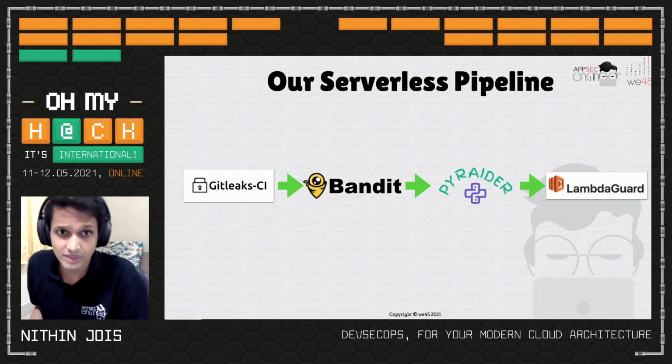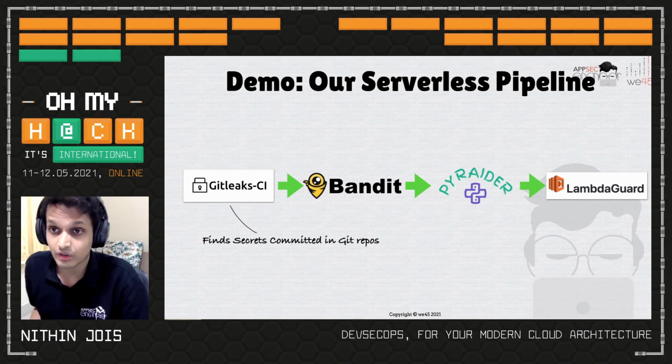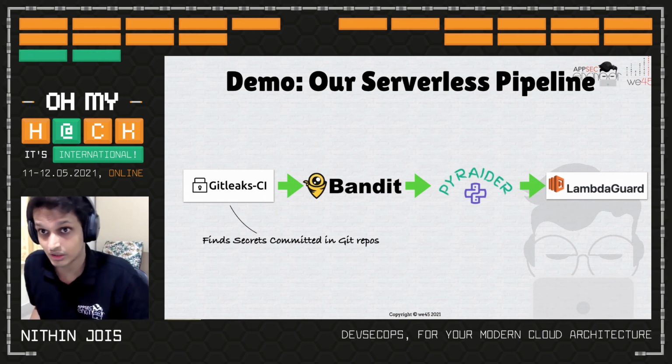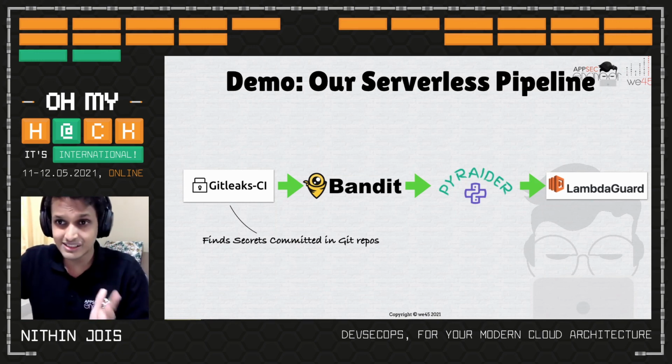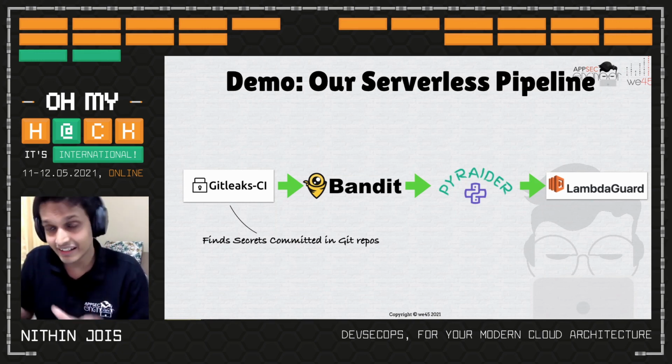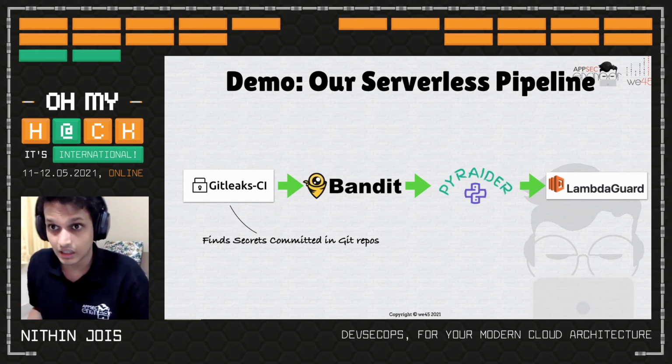So in our serverless pipeline, what I've essentially done is integrate a tool called GitLeaks, which is going to look for secrets or highly sensitive information like AWS access IDs or secret keys, anything with a high entropy. Any high entropy strings, it's going to look into that.